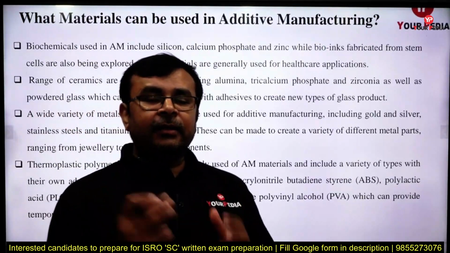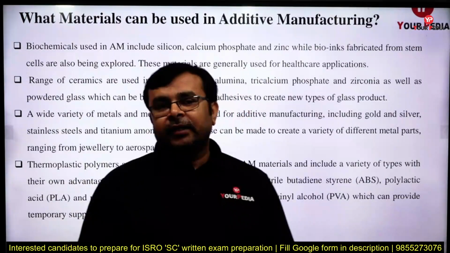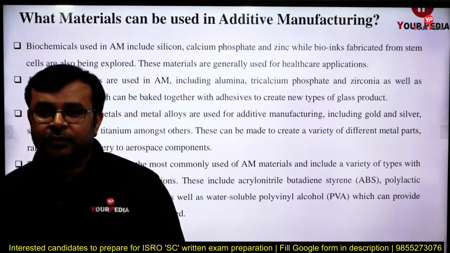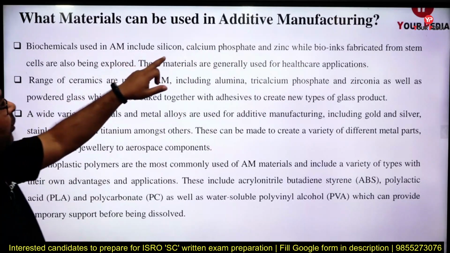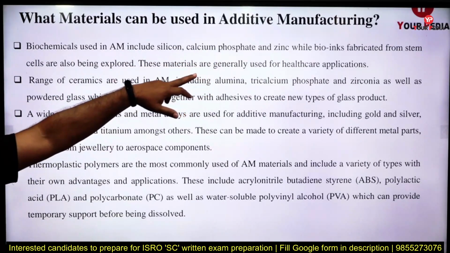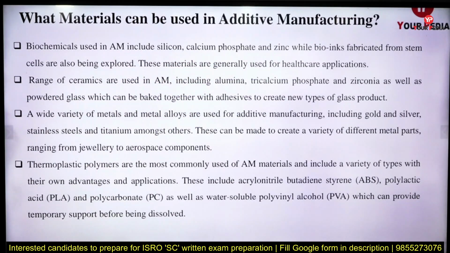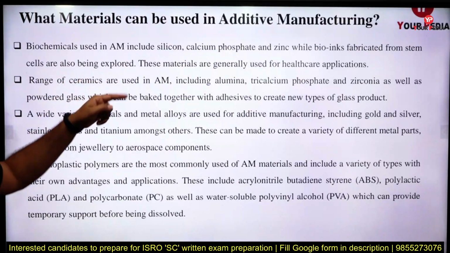Okay, let me see a few materials. What are the materials which can be used in the additive manufacturing process? Let us see one by one. If we talk about biochemicals used, in this we use silicon, calcium phosphate, zinc, while bioink fabricated from stem cells is also being explored.